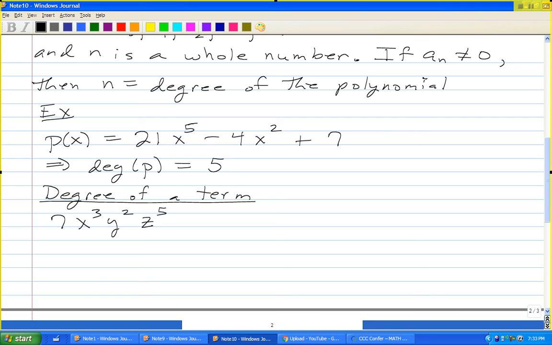One of the things being multiplied is some constant, and the other things being multiplied together are variables to whole number exponents.